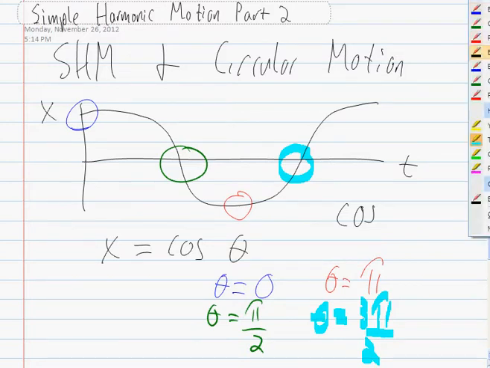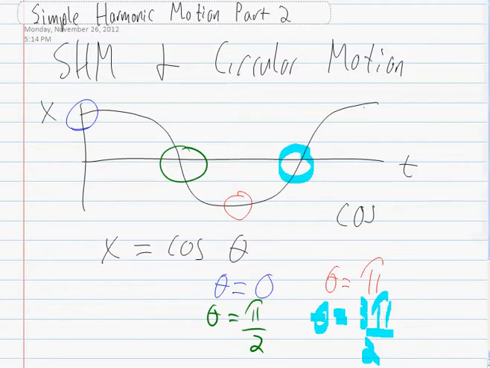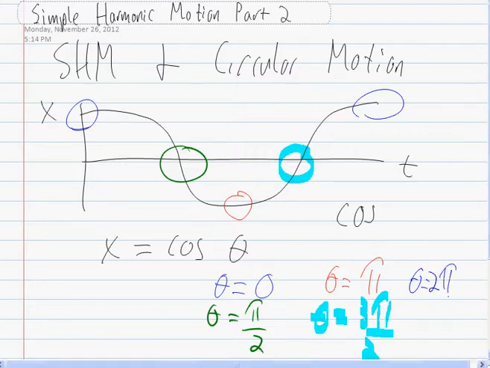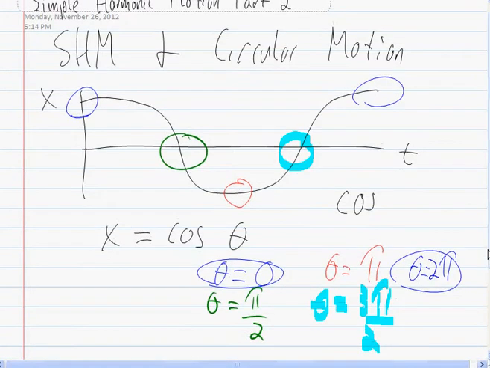And the one we did before was this one, and for that one, theta is going to equal 2 pi, which is the same thing as theta equaling 0. We're back to the same point that we were.